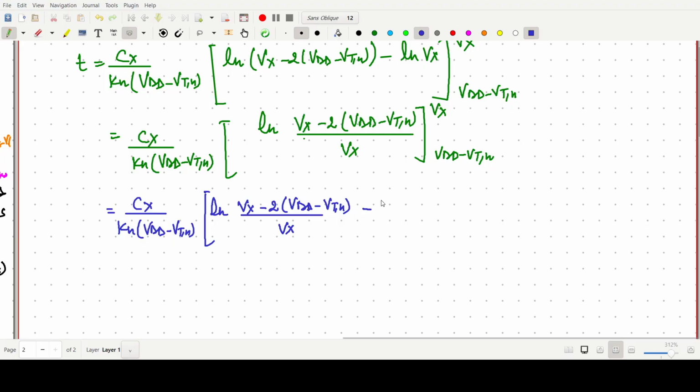Minus, now in the second, ln A minus, now Vx will be this VDD minus Vtn, minus 2 (VDD minus Vtn). Now we are writing Vx equals to (VDD minus Vtn) by Vtn.